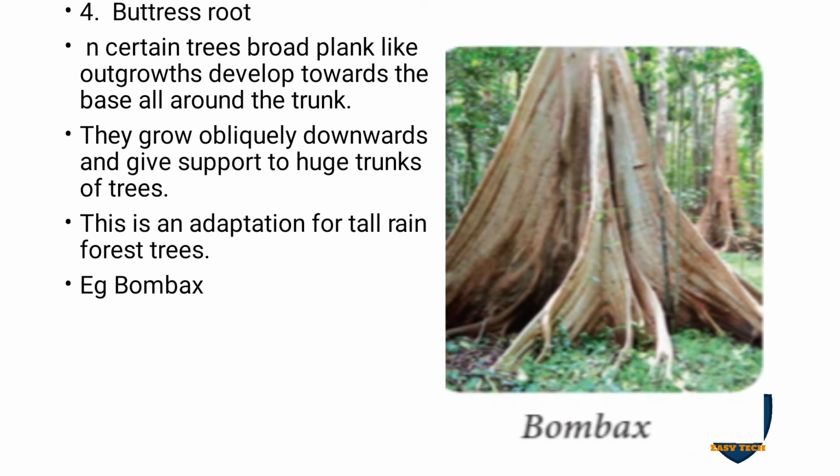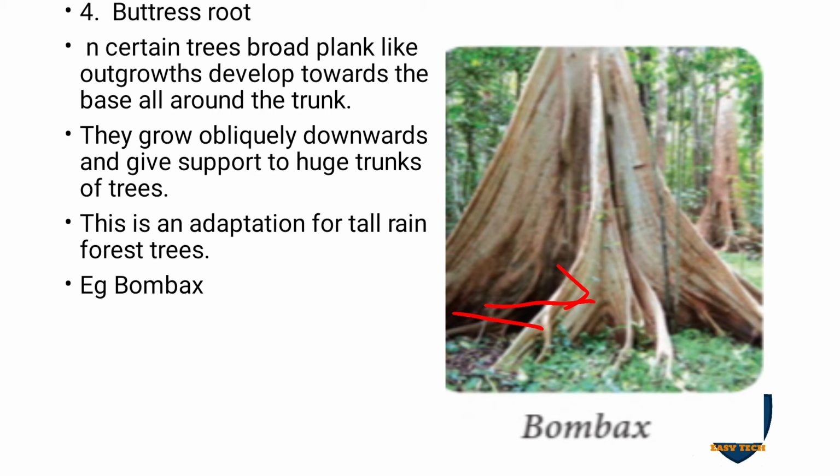Buttress roots. You can see the broad plank-like outgrowth here. It is a broad outgrowth around the base of the trunk of the tree. They grow very obliquely. They won't be even. And they give huge support to the trunk of the tree.